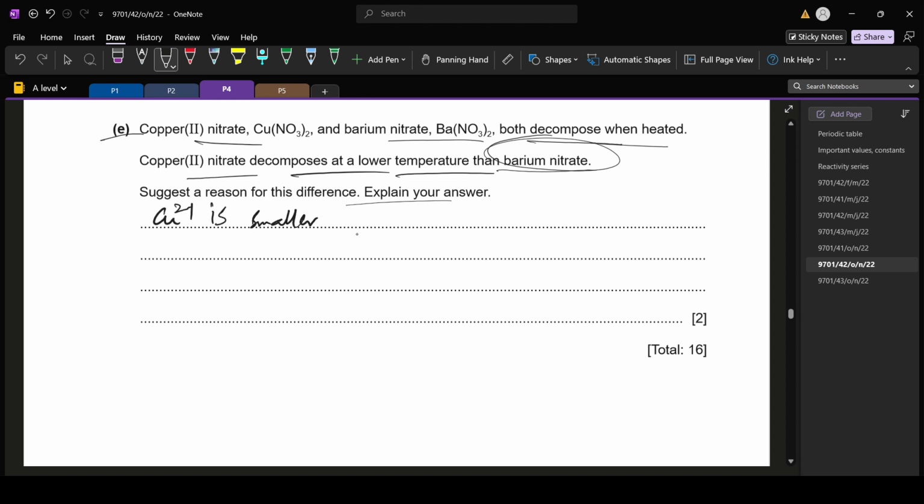Because it is smaller, it will have a higher charge density, so it will polarize the nitrate ion more.